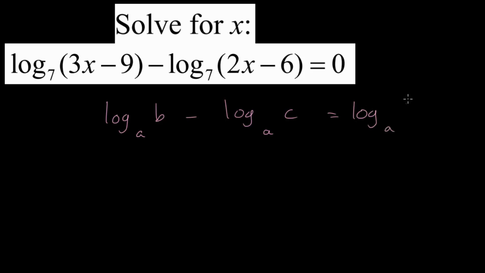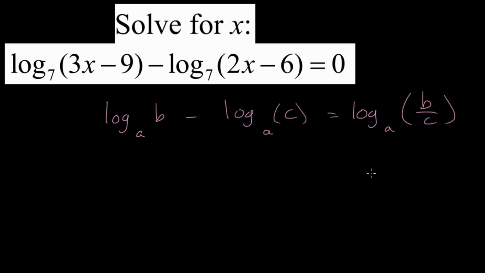We have log base a of b divided by c, where the expression that we're subtracting has an input of c, and that will go in the denominator here. So we could rewrite this as one logarithmic expression and then use the equivalency between exponential expressions and logarithmic expressions to rewrite this as an exponential equation and then solve it from there.